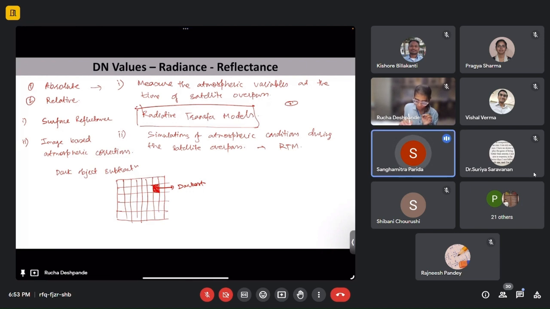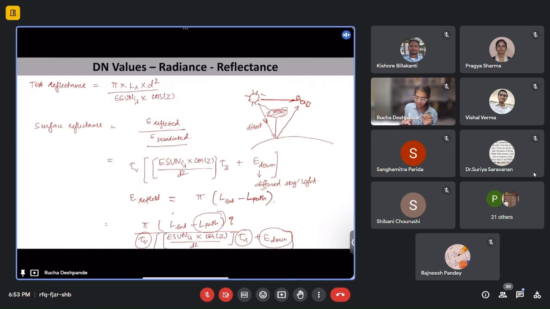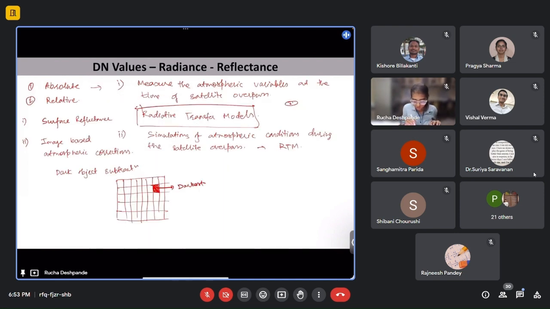Will you repeat that sentence again? Path radiance over that point. Yeah, so this pixel is corresponding to an object which is reflecting the least, so it should have the lowest reflectance value. Suppose it's 0 to 255.